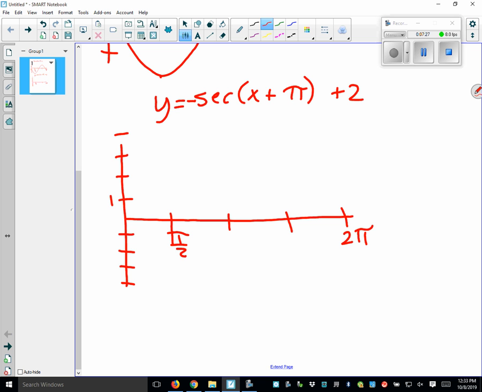Okay, an asymptote right here, right? Is there another asymptote? Yes. Where? Pi divided by 2. Okay. You all agree or disagree? Agree, okay. At x equals 0, what is y?